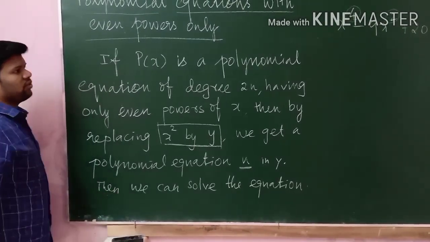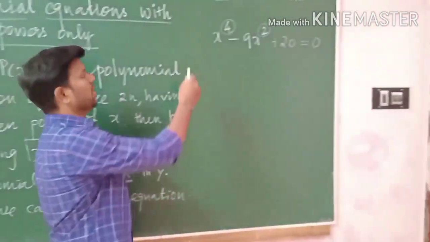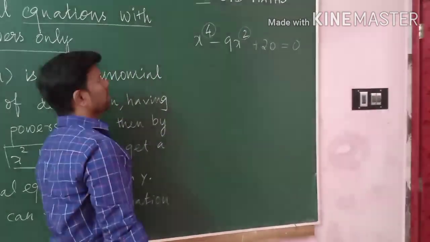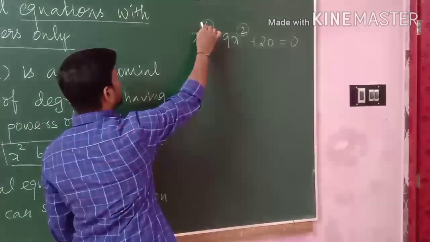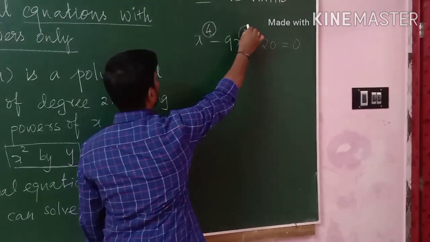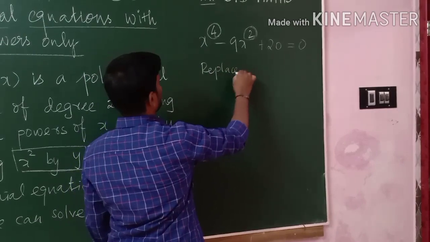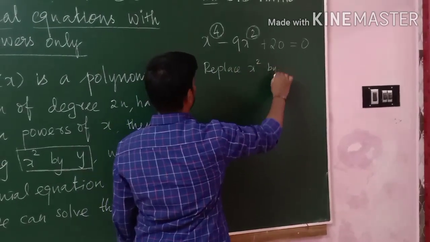So then we can solve the equation. Consider this question, x power 4 minus 9x square plus 20 equal to 0. So here we have only even powers of x. So for that we can replace x square by y.